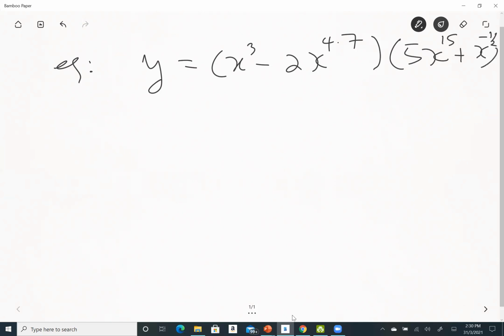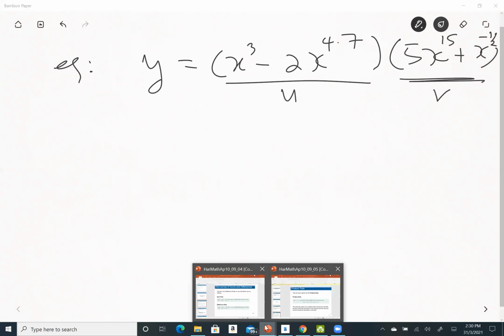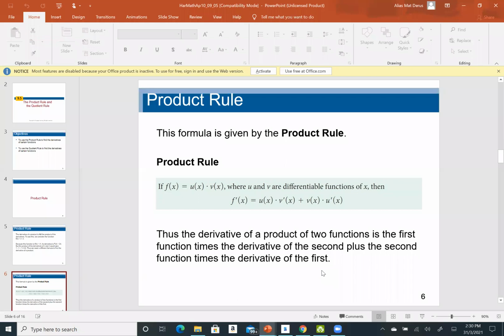So you see here you have multiplicative terms. You let the first term be u, the second term v. So you have u times v. So that is the rule. You go back to the rule, you have u times v.